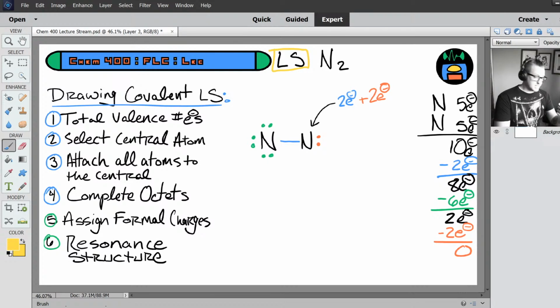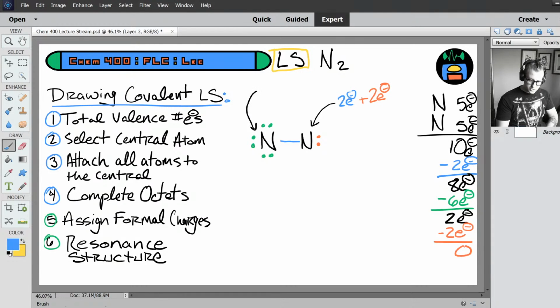In last Monday's lecture, we talked about how when you're missing 2 electrons, you take a lone pair off of the atom with a full octet and turn that lone pair into a double bond.